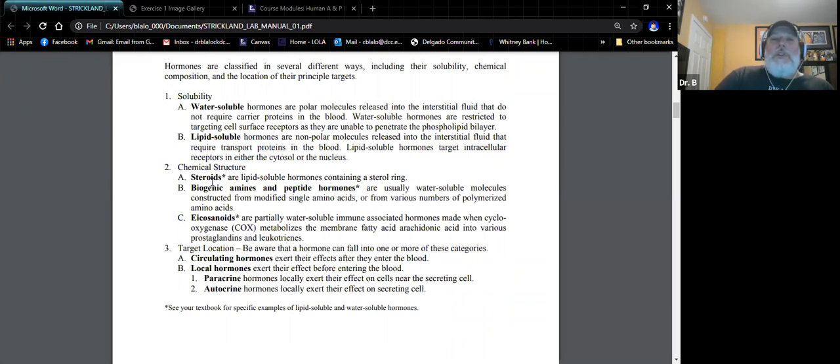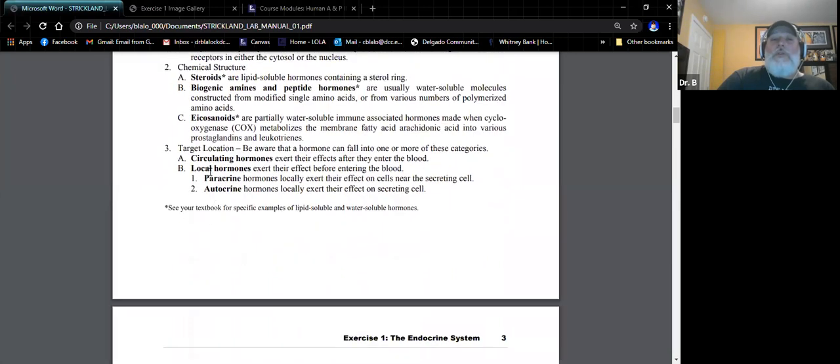All right, so make sure you know the different types of structural categories that we find for hormones, and then target location. Where is this hormone going to be eliciting its response? If it's a circulating hormone, it's going to be eliciting its response somewhere else, because it's going to enter the blood and exert its effects later on. Whereas if it's a local hormone, it's going to be exerting its effects before it enters the bloodstream.